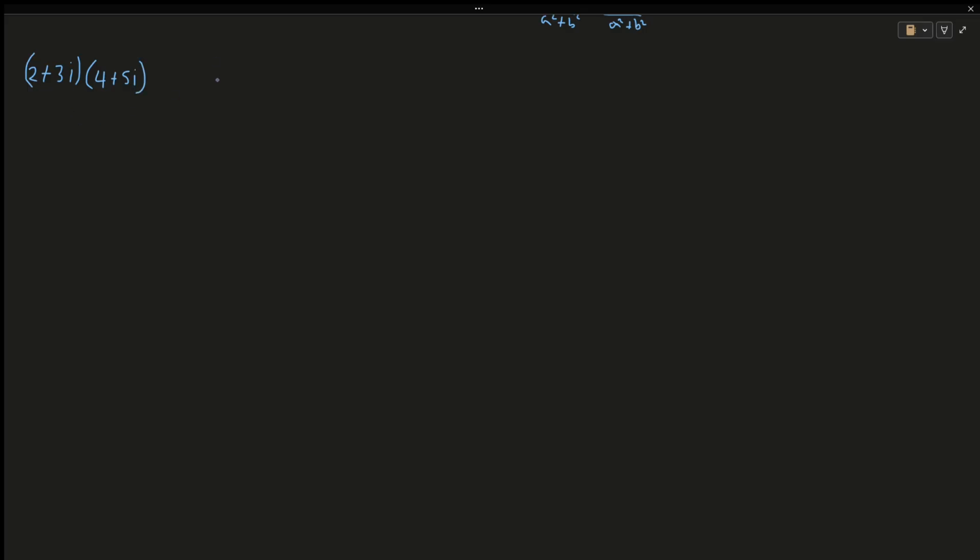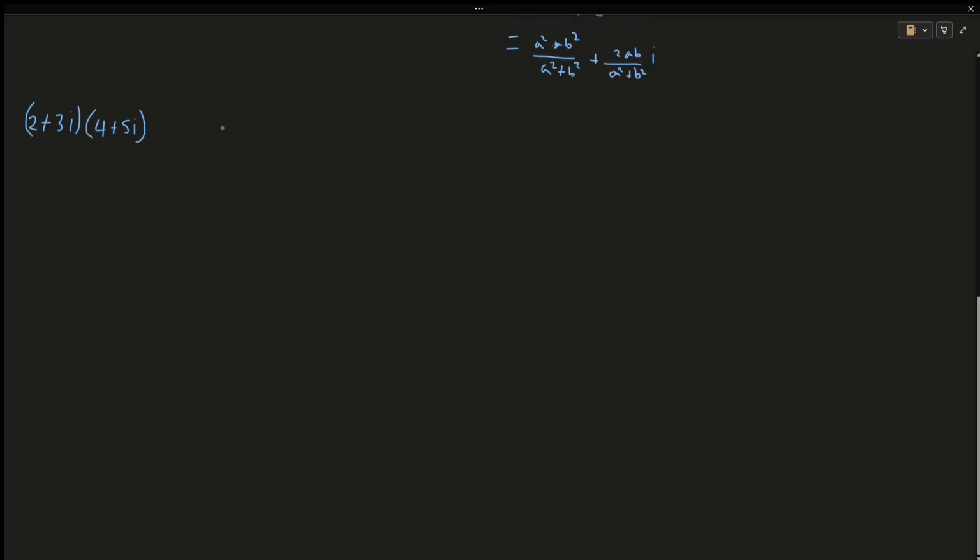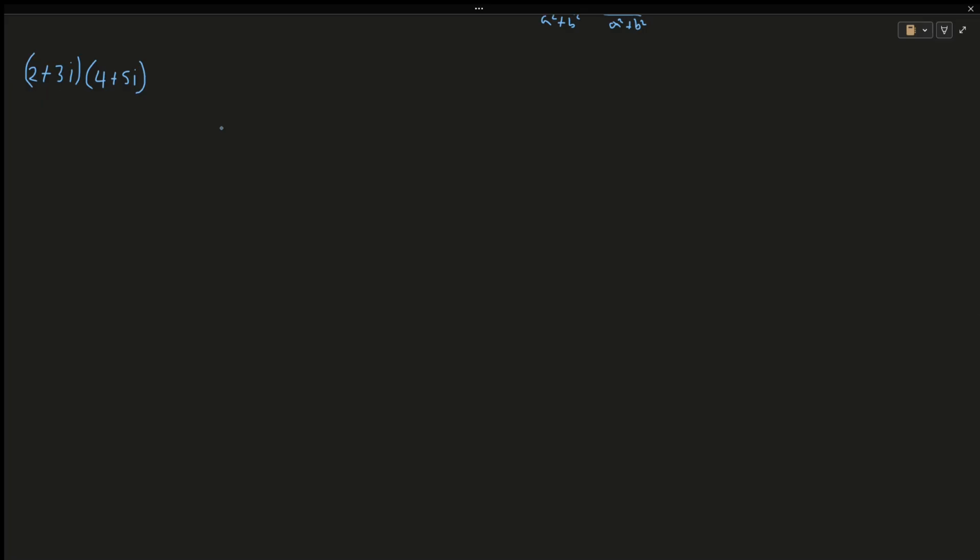I'll explain in a later video, and then I'll go further into other aspects of complex numbers. But it can be something generic like this, but the general formula is essentially how you'd calculate with these kinds of questions.